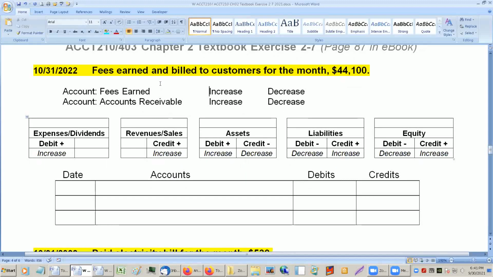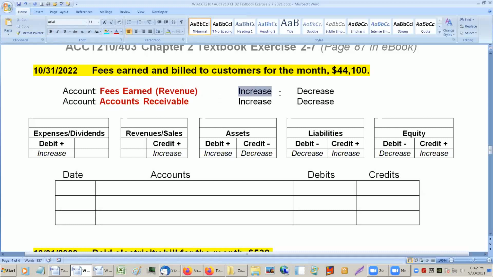Okay, so fees earned, this is a revenue account. Now, revenues are always increasing. And actually, once we have a revenue, we can make the journal entry right here.